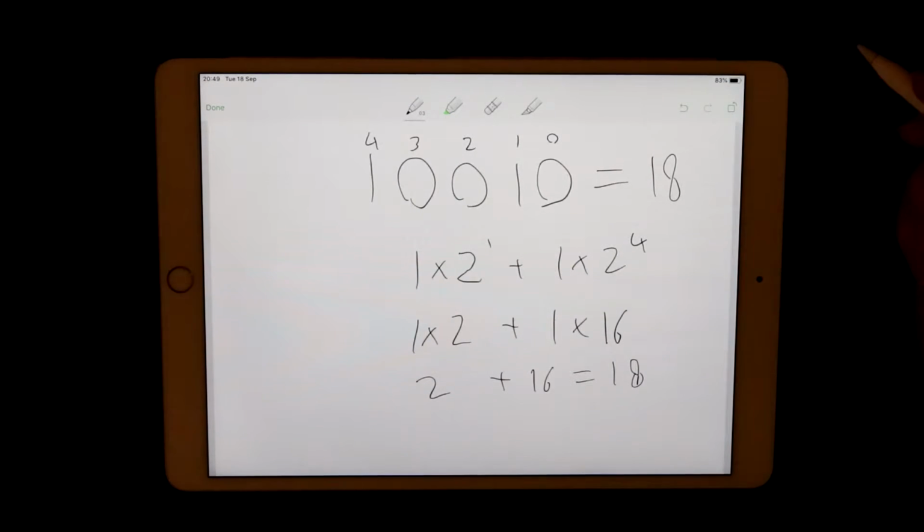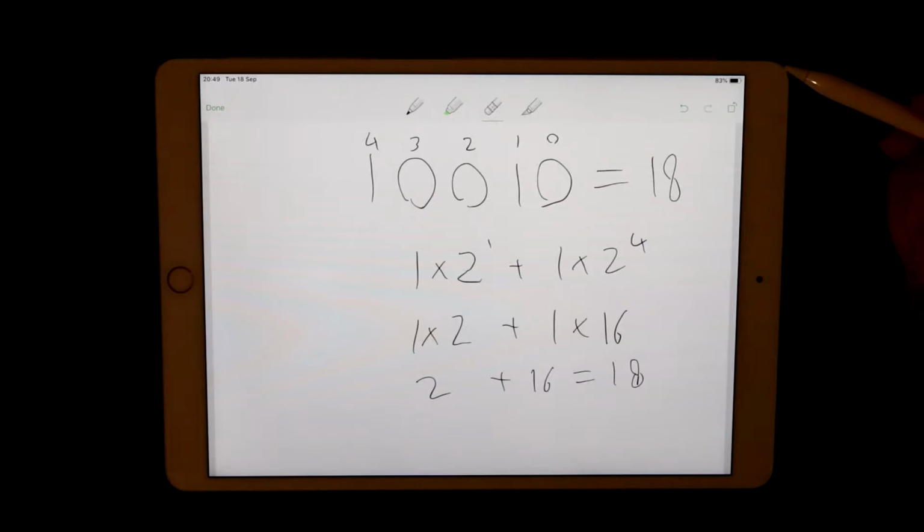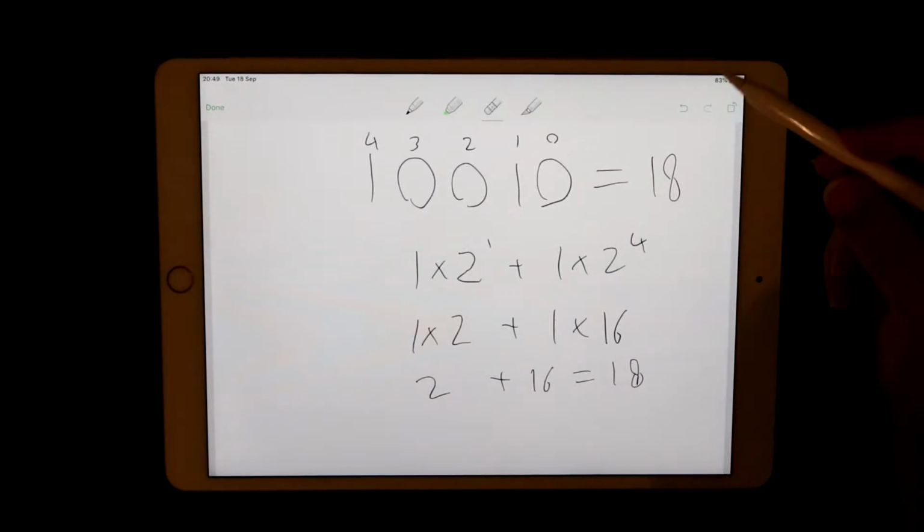Now, if you are a little confused at this point, I do recommend rewinding back and seeing if you can follow the second time around.